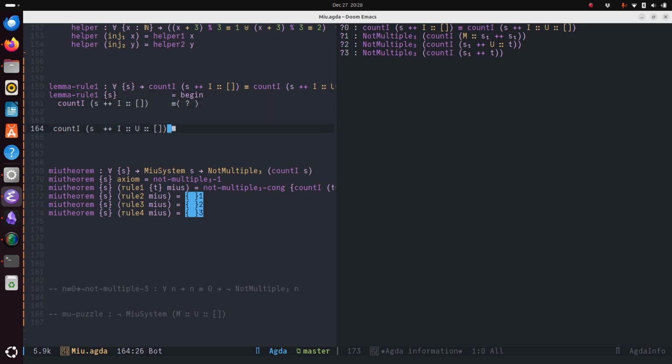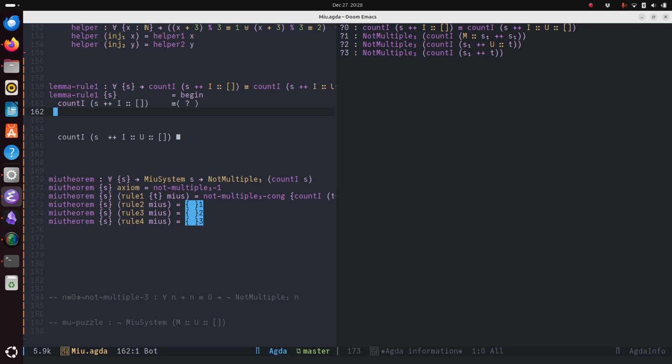So I can provide a step-by-step proof for this lemma. Now, earlier we have proved the distribution of count I over string concatenation, so we can rely on that part here.